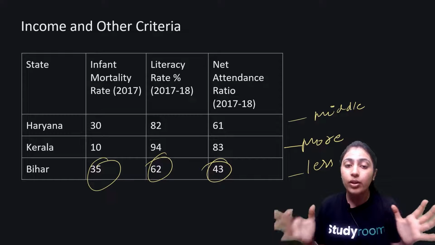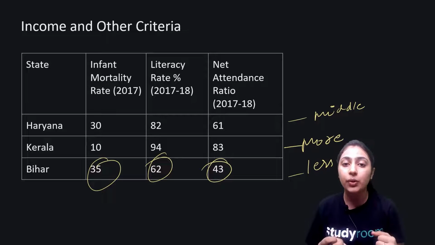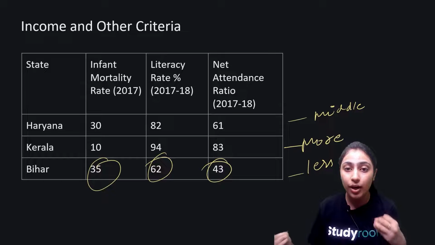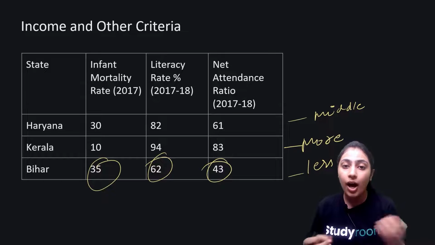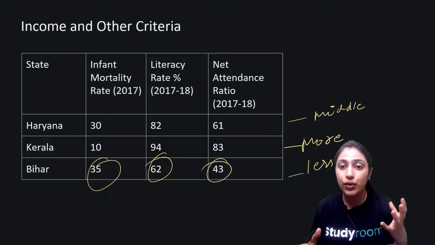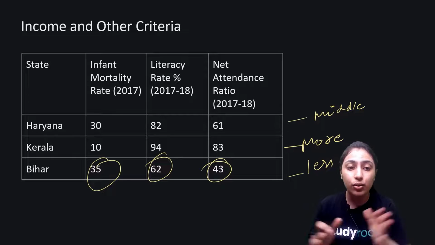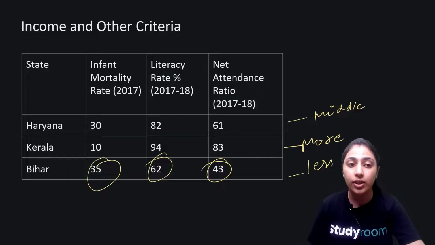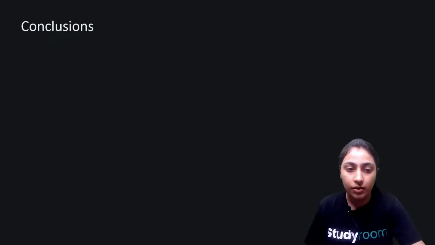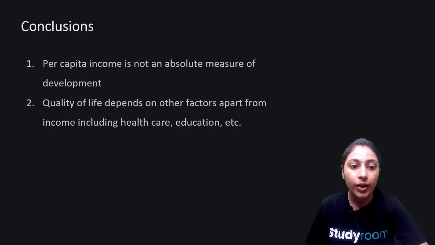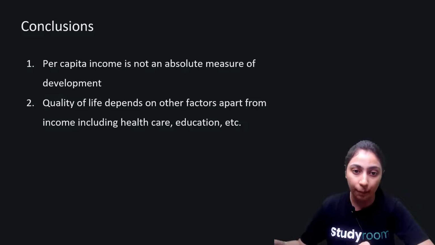So now this is also an example that you can present when the question comes in your exam, on how you can say that average income hides disparities. So over here we are having two conclusions, that per capita income is not an absolute measure of development.